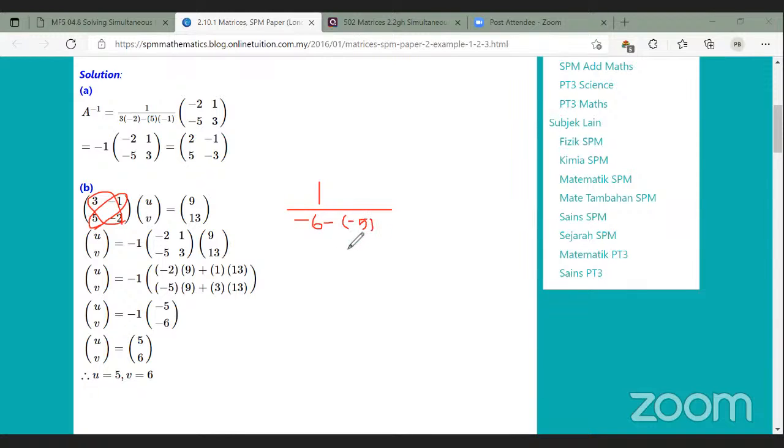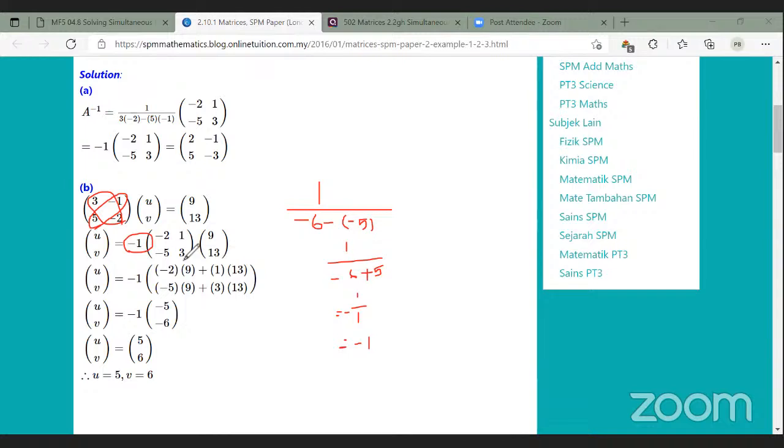So your 1 over AD minus BC, you should get -6 plus 5. From there you will get 1 over -1, which equals -1. So that's how you get this negative 1 over here.